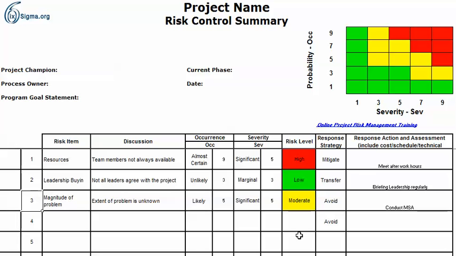And when you're presenting this as part of your project review, all of the high-risk items are up at the top. You have to be prepared for leadership or the champion or a sponsor or a process owner to ask the question, what are you doing about the risk, and how are you managing it or mitigating it or transferring it or avoiding it? You have to be prepared for that discussion. It is an expectation of team leads.